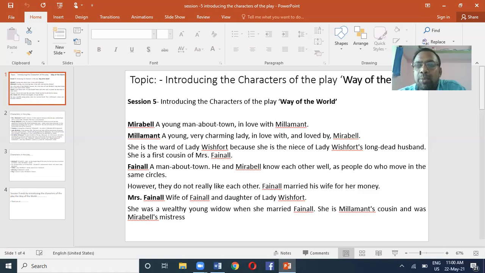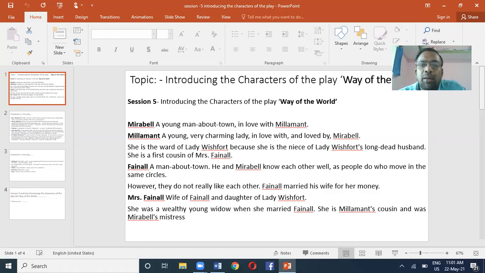Finally, Fainall married, and he was playing the game, while Mirabel, who is yet to marry Millamant, is still doing the plots and plans and scandals. Both were doing the same deed. Remember, Fainall and Mirabel almost resemble the same character, but one is married and one is yet to be married. They are the most important characters of the whole play.